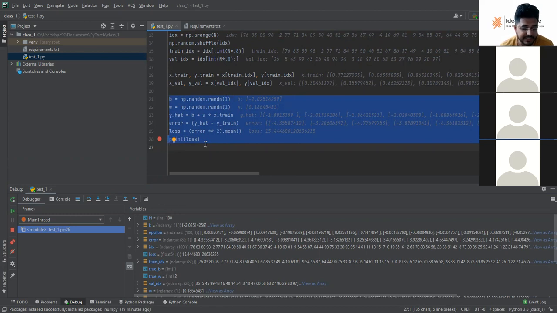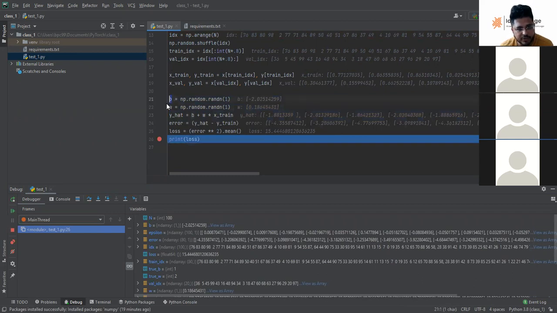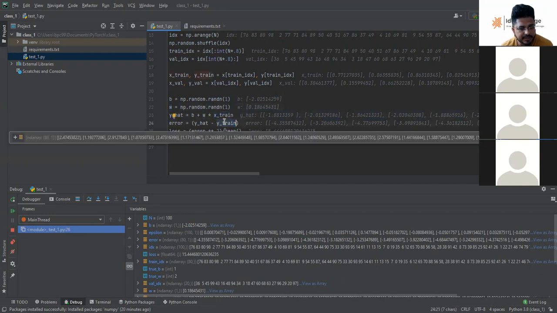Now we all know what gradient descent is. It means I have to calculate the values of B and W after every epoch, so that I can adjust using this loss and make B and W change so that the linear regression line slowly becomes the best fit line for the original y distribution, the linear regression distribution that we had, x train and y train.